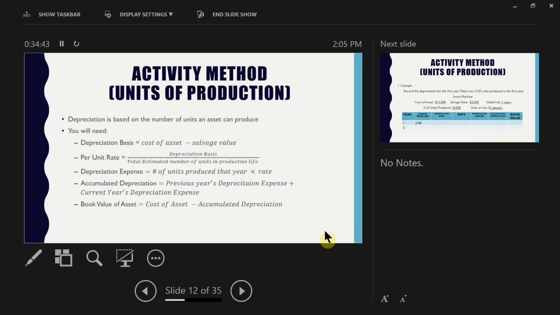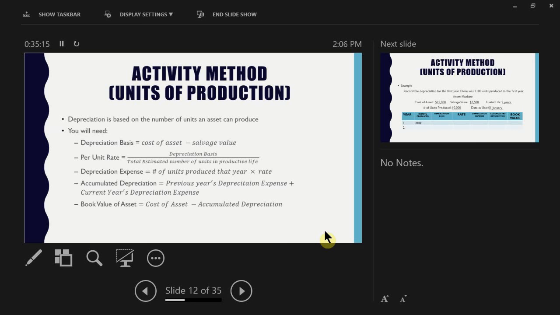The formulas you're going to be focusing on start with depreciation basis, which is your cost of the asset minus your salvage value. If you need some time to write this down, please do so. Depreciation basis equals cost of asset minus salvage value.